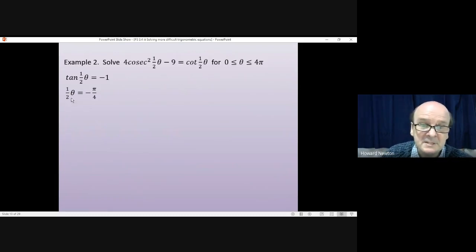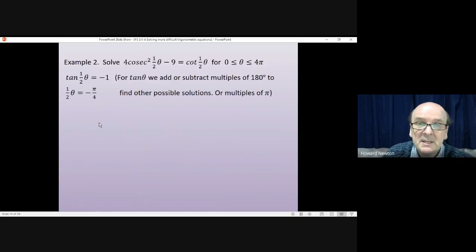That means half theta could equal minus pi by 4. Now the reason why tangent is easier to work with than sine and cos is that to find extra solutions, all you have to do with tan theta is add or subtract multiples of 180 degrees in order to find any other possible solutions. A bit more confusing if we're using radians.